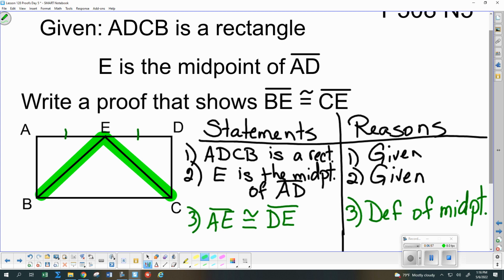What have we had to say there, Mateo? CPCTC. If we want to use CPCTC, what do we have to show first? Congruent triangles. So I'm guessing to do that, we're probably going to need to get some congruent triangles in there.